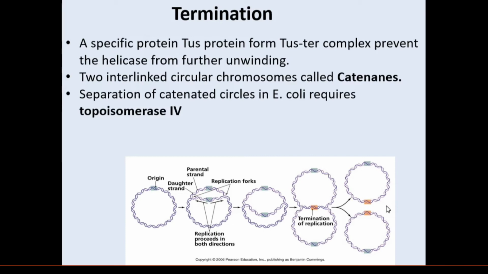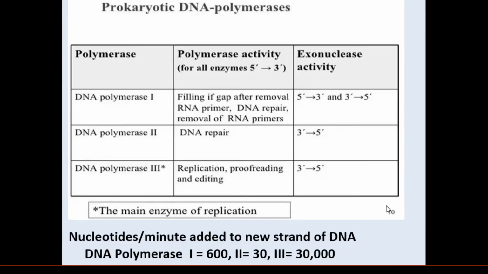Now students, I told you that in prokaryotes there are three types of DNA polymerases: DNA polymerase 1, DNA polymerase 2, and DNA polymerase 3. DNA polymerase 1 fills the gap after the removal of the RNA primer, and it is also used for DNA repair.